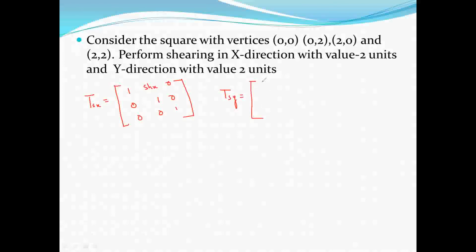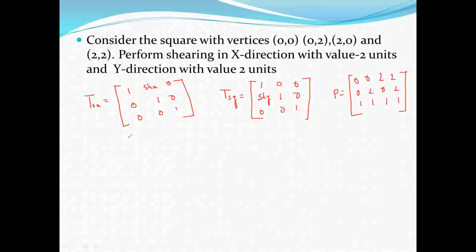It is 1, 0, 0; SHY, the shearing factor for y direction, 1, 0; and 0, 0, 1. You know the point set. The point set is (0,0,1), (0,2,1), (2,0,1) and (2,2,1).